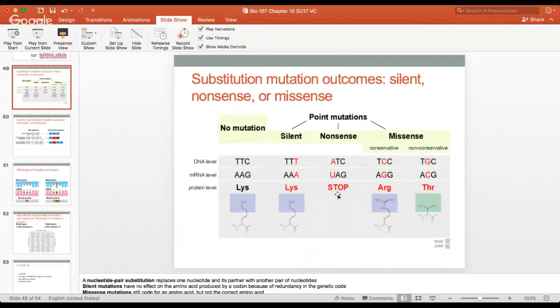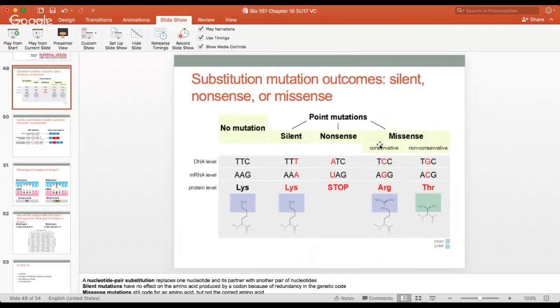Normally, we're supposed to keep going and keep putting amino acids on for however long, but if you get this stop codon too early, it's going to stop making that protein, and you're going to have a pretty much non-functional protein. Nonsense means there are no more amino acids coming after this. A nonsense mutation is always when the codon mutates in order to be a stop codon.